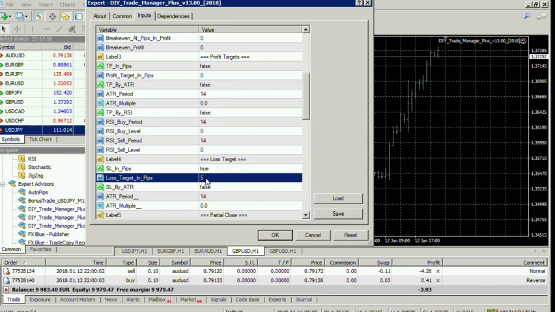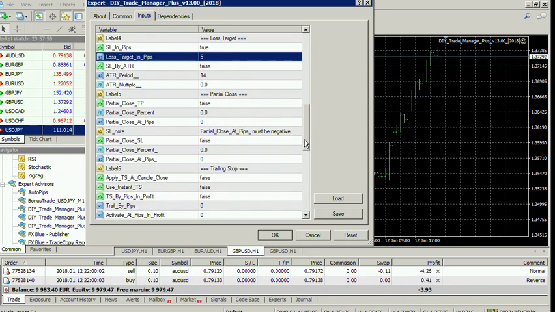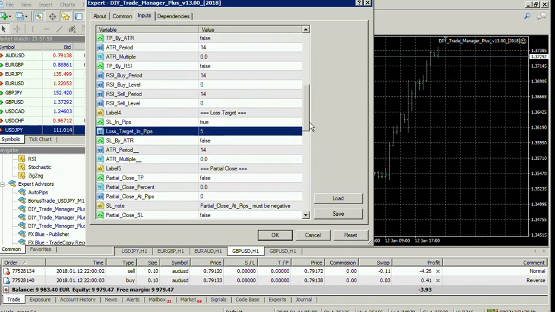In other words, if we don't want this trade to be trading, remember every trade is being copied, this trade manager will now stop this one out very quickly on the basis that it's probably most likely going to end up as a loss, and therefore we prefer to have a loss of 5 pips than a loss of 30 pips or 50 pips. So that's all we're going to do with this trade manager, even though it has all the other features that at some stage you might want to use in your other trading.